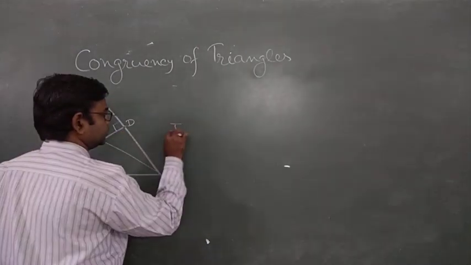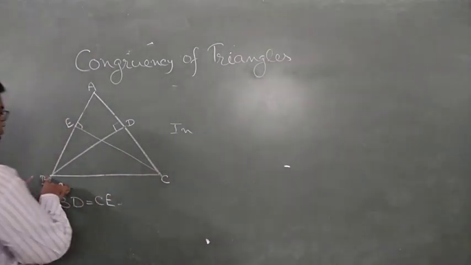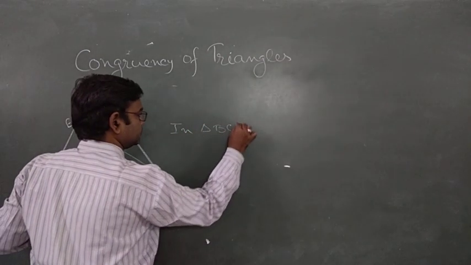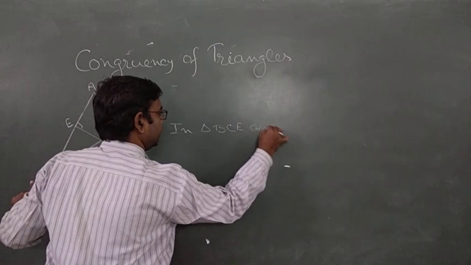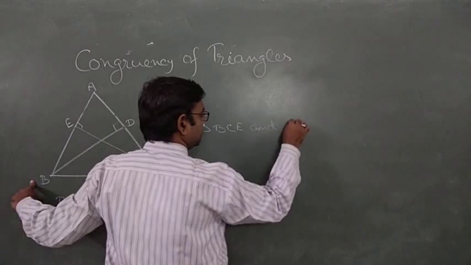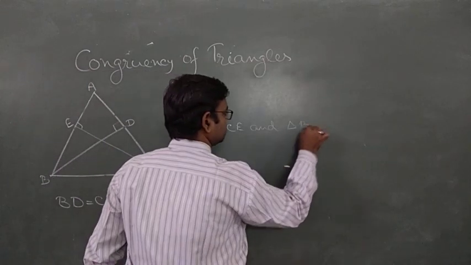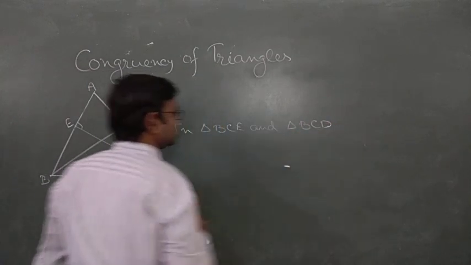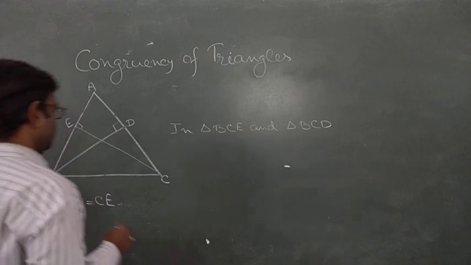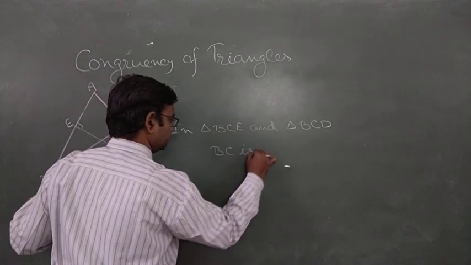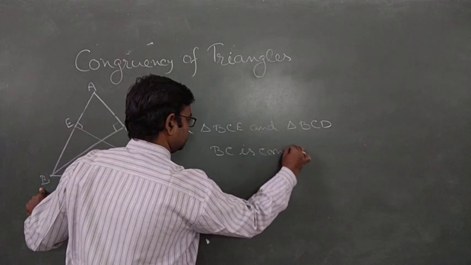So let's start. In triangle BCE and triangle BCD, BC is common. First write down BC is common in both the triangles. Side BC is common.